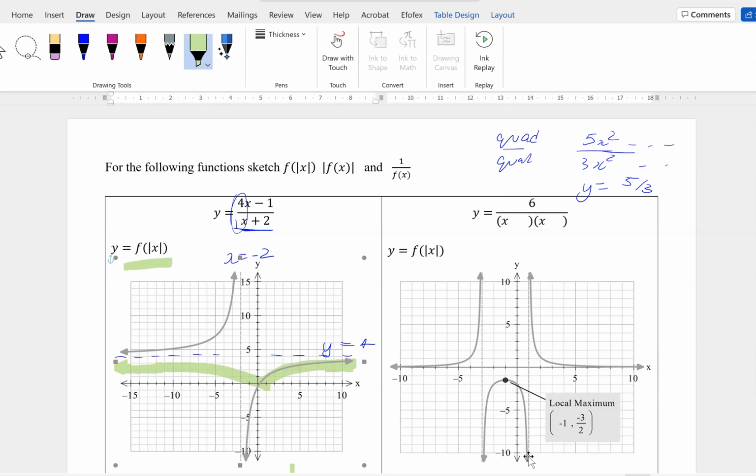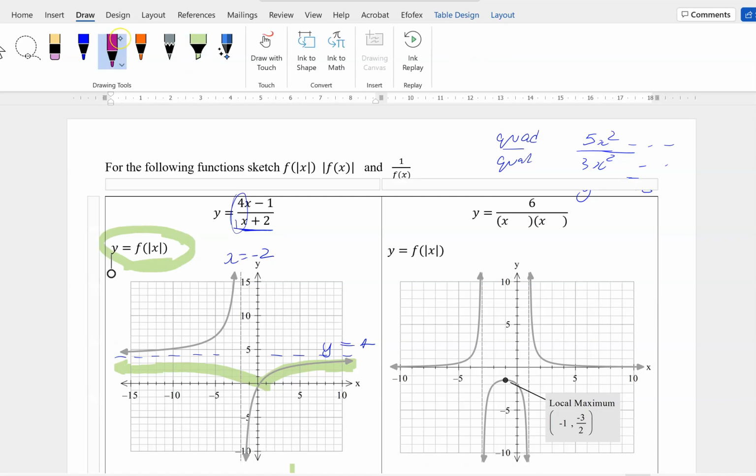So if it reflects in the x-axis, is that the full f of x in the modulus? Yep, so this green, that is that function. That would be, technically, y equals 4 modulus x take 1 all over modulus x plus 2. Ah, right.